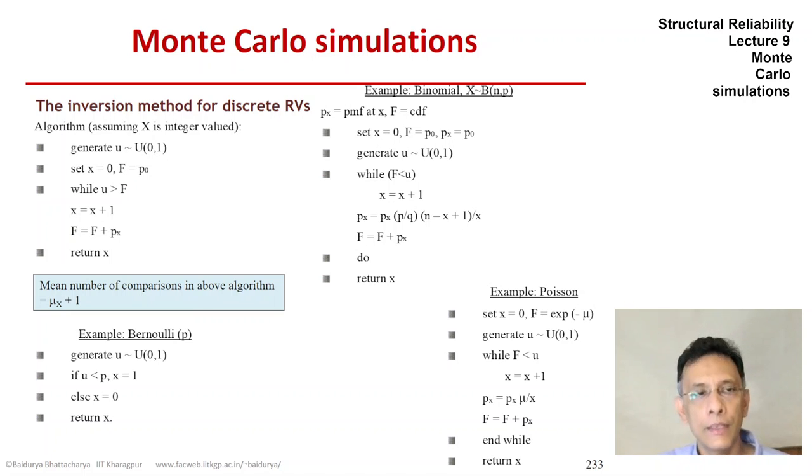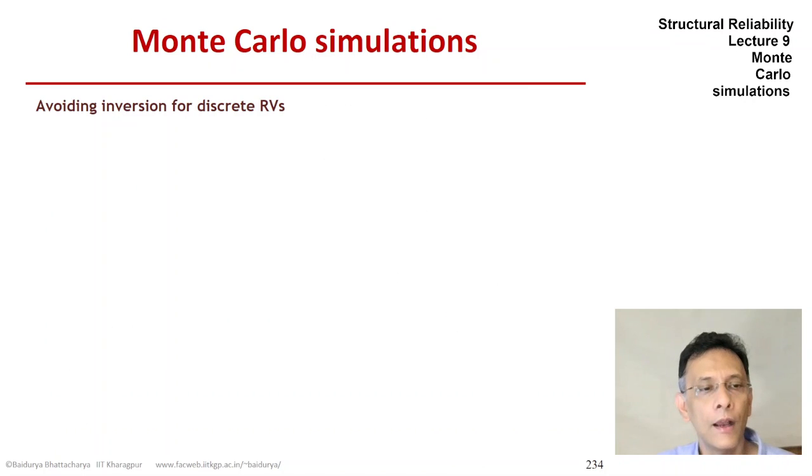There are equivalent ways where we can avoid this inversion process. The cost that we bear is we need to generate a lot more uniform deviates for generating just one value of the discrete random variable.